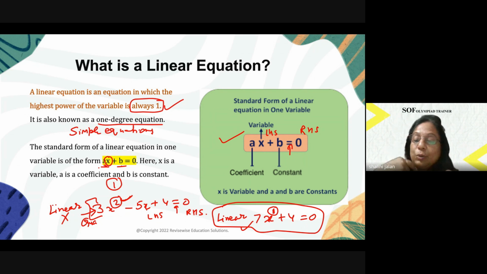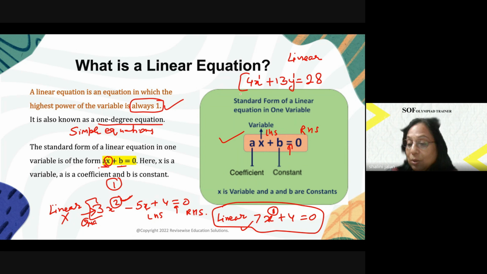You can have linear equations in 2 variables. For example, 4x plus 13y is equal to 28. The power of x is 1. The power of y is 1. So is this a linear equation? Yes, this is a linear equation. So is this a simple equation? No, because simple equations have just one variable. Here, this is a linear equation, but it is in 2 variables.